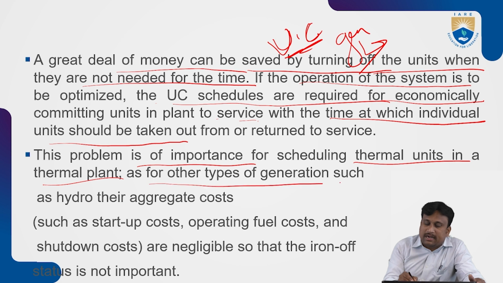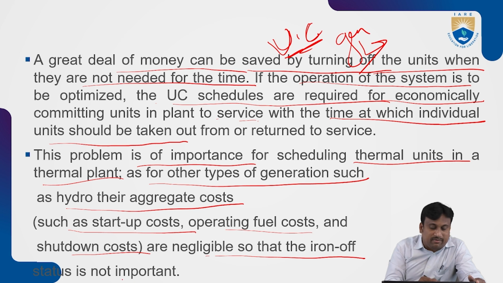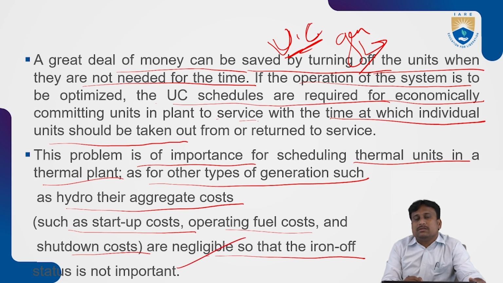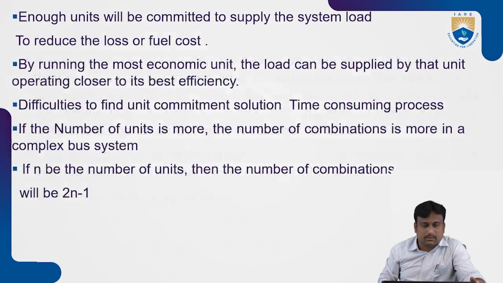As for other types of generation such as hydro, their costs such as startup costs, operating fuel costs and shutdown costs are negligible, so they will be shut down as per the requirement. So it is very important that all the generators are scheduled according to the case.